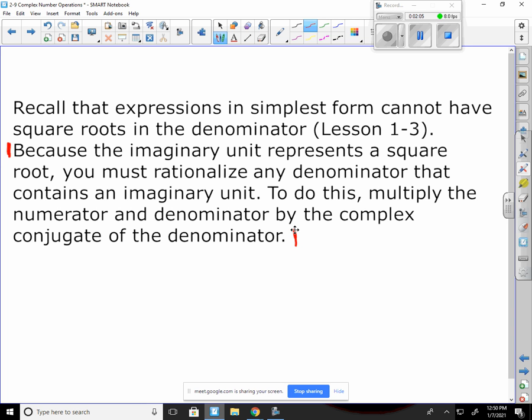Because an imaginary unit represents a square root, you have to rationalize any denominator that contains an imaginary unit. To do this, multiply the numerator and denominator by the complex conjugate of the denominator. And I'll teach you what the complex conjugate is, even though we've already learned that in one of our previous sections. We'll go over what that is again.